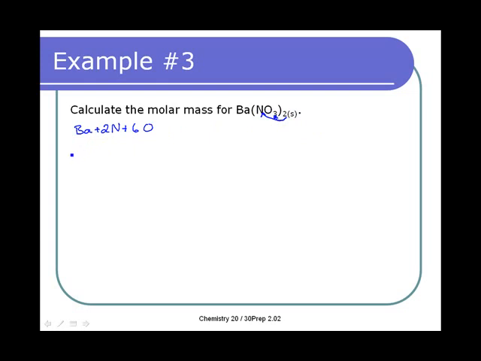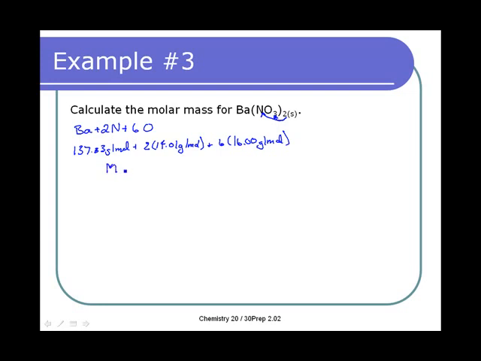For barium, the molar mass of a barium ion is 137.33 grams per mole plus 2 times 14.01 grams per mole plus 6 times 16.00 grams per mole.